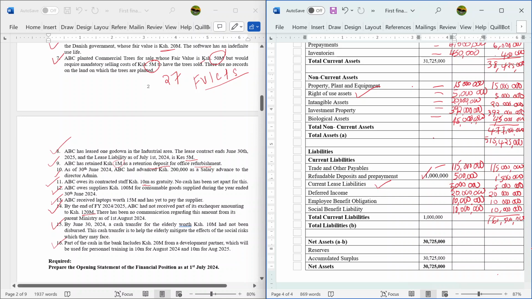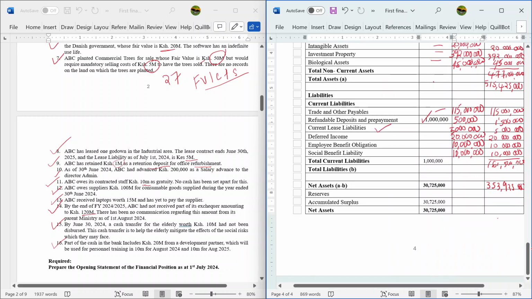So our net assets is 353,925,000. The question here is how much is our accumulated surplus? We have started with this figure. How can we arrive at 353?